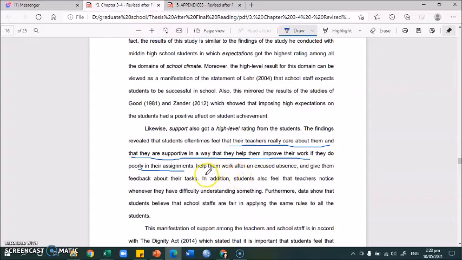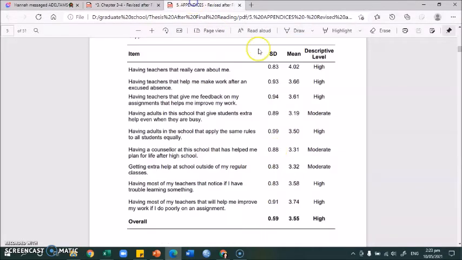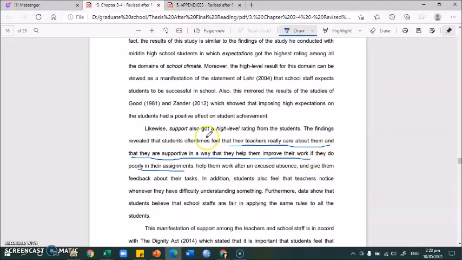Another, so, eto, kinombine ito based on their thoughts, no? Based on their thoughts. So, basahin natin. The findings reveal that the students oftentimes feel that their teachers really care about them and that they are supportive in a way that they help them improve their work if they do poorly in their assignments, help them work after an excused absence, and give them feedback about their tasks. Okay? So, ito yung nagpapakita kung paano sinusuportahan ng teachers ang mga estudyante.